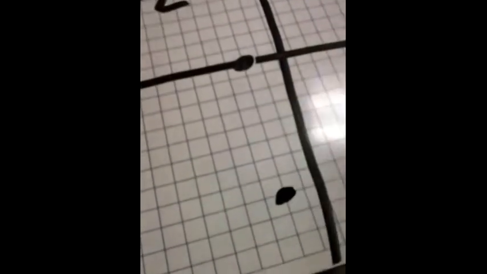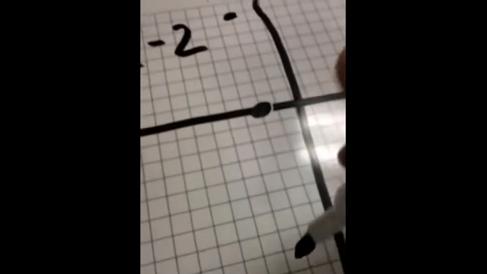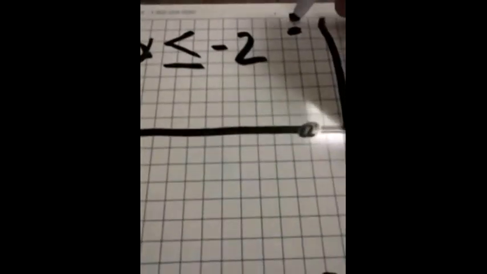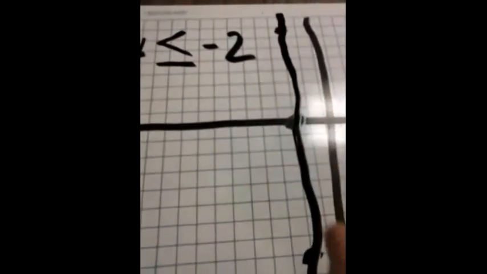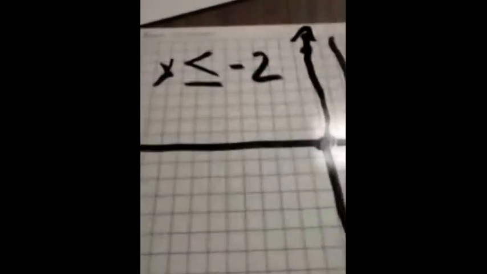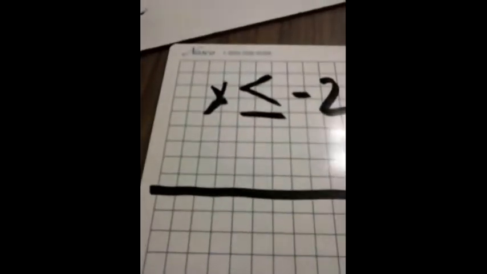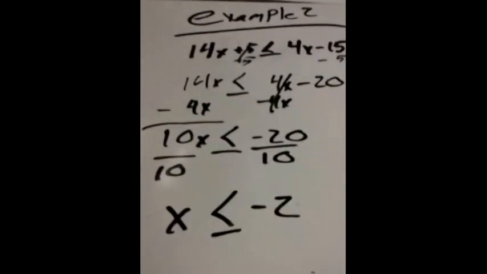So let's put our dots here and here. So it's a less than or equal to sign, so it's going to be solid. And little arrows. So here's your answer to example 2.